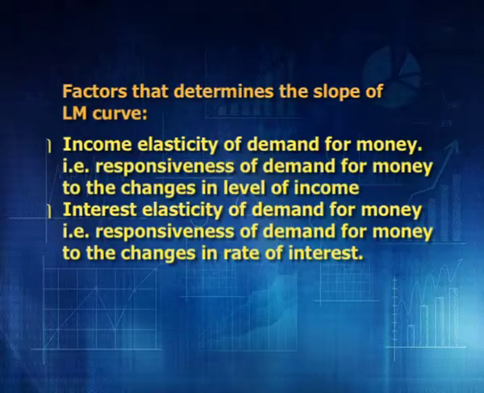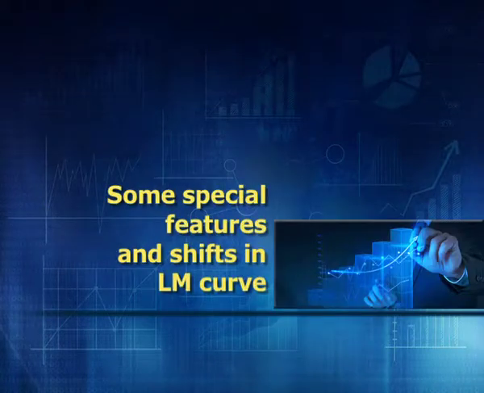The two factors that determine the slope of the LM curve are, first, income elasticity of demand for money, that is the responsiveness of demand for money to changes in the level of income. Second, interest elasticity of demand for money, that is the responsiveness of demand for money to changes in the rate of interest. Now let us know about some special features and shifts in the LM curve.